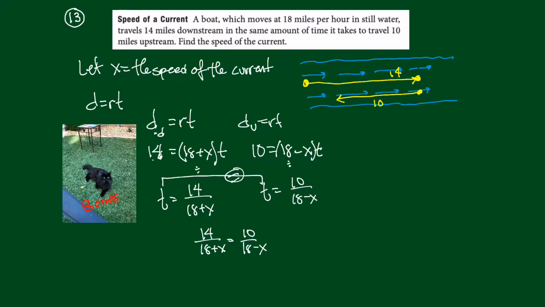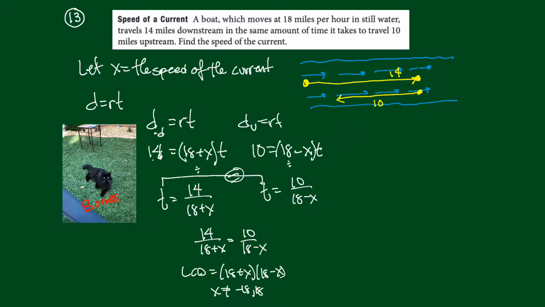And I think we're pretty good at this. Let's get the LCD. We have the 18 plus x and the 18 minus x. And x cannot equal negative 18 or 18. Because what is x anyway? X is the speed of the current, and we're told that there is some current. Okay, so let's multiply. We know what to do here. You write the LCD in front of both original terms.